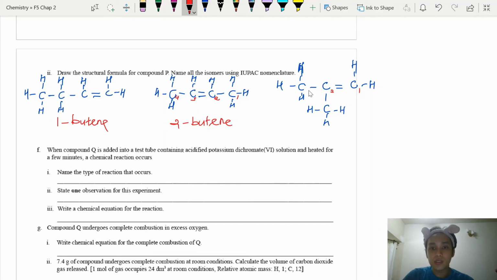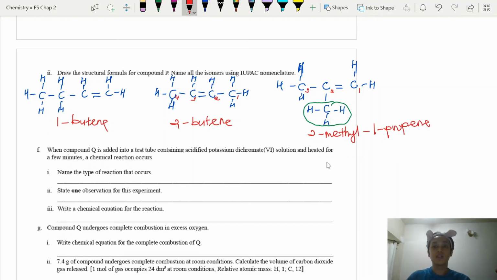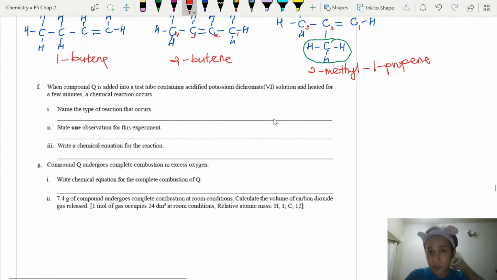Remember, the functional group must always get the smallest number, then only you consider your side group. One carbon side group is called methyl at the second position, so it's 2-methyl. Then this is 1, 2, 3. Longest chain is 3 carbon, propene. So 2-methylpropene is the name of this isomer. That is how you draw your isomers.